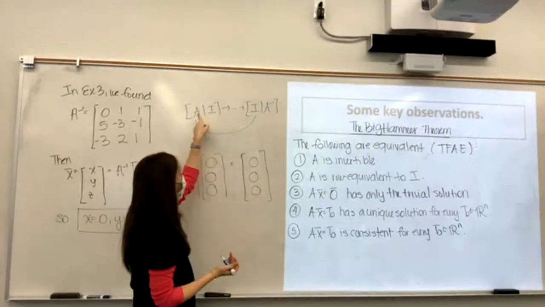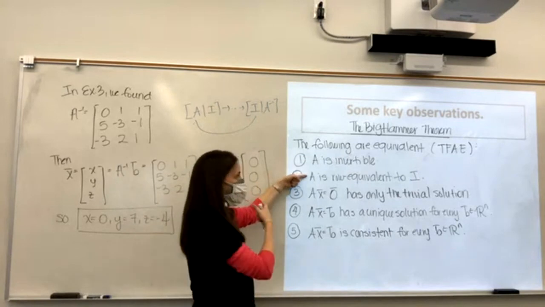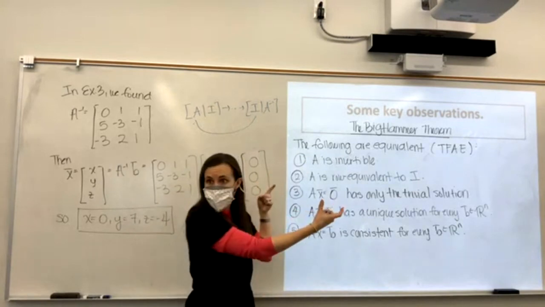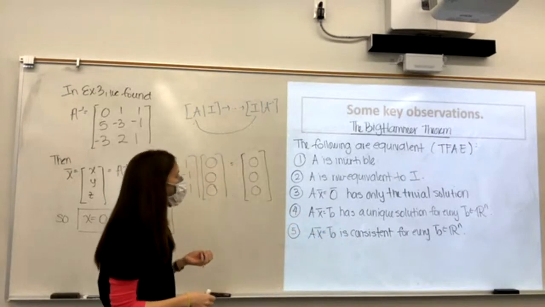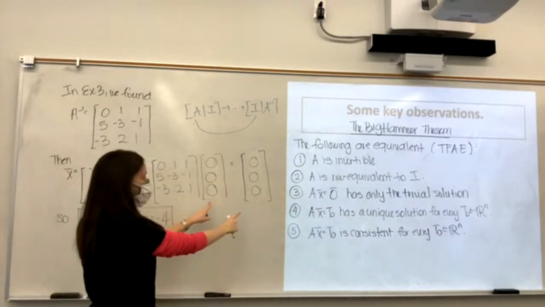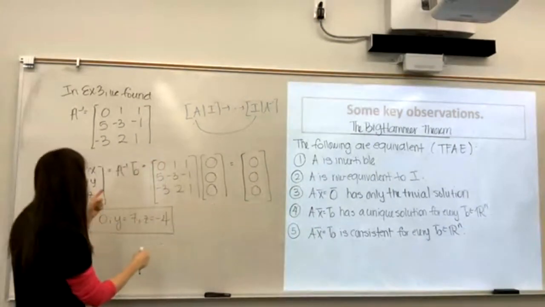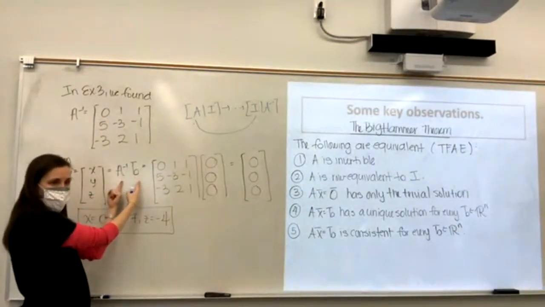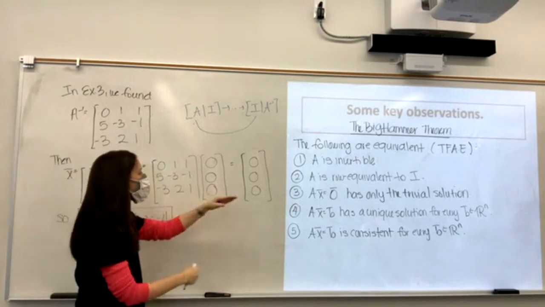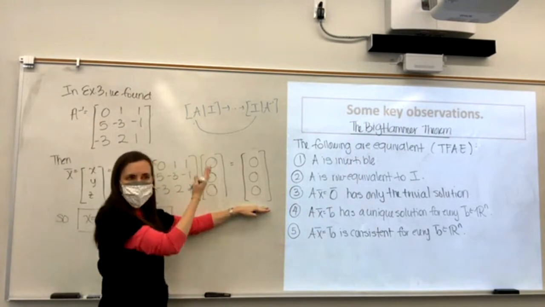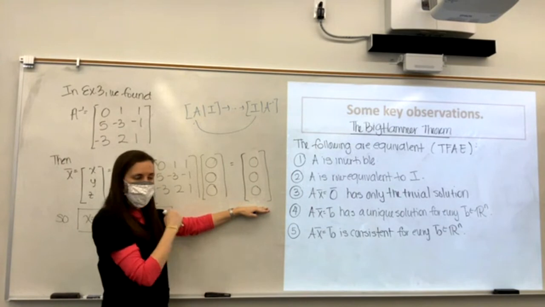So if A is invertible, it's got to be that it can row reduce down to the identity matrix. That's how we find the inverses, right? This third one, that's the one we just did. We said, look, if A inverse exists, and I want to solve a system, and it's a homogeneous system, then the only answer I can possibly get is the trivial solution, right?